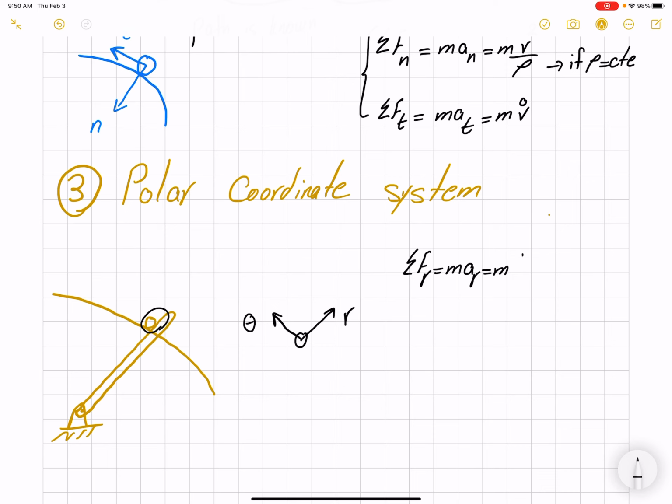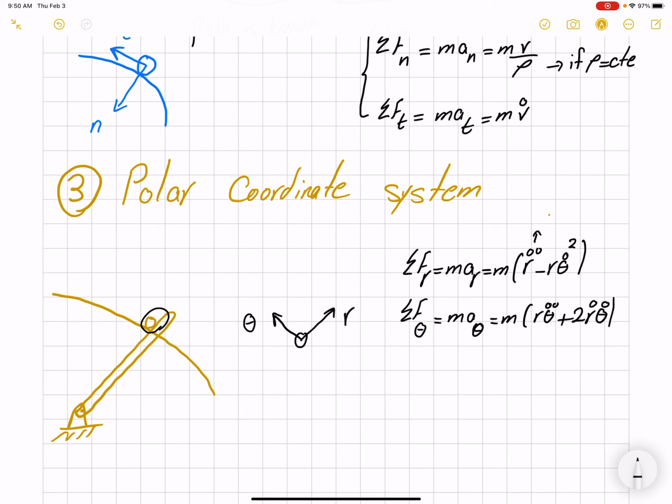And if you remember, the radial component of acceleration would be r double dot minus r theta dot squared. And summation of forces in theta is m a_theta, which would be r theta double dot plus 2 r dot theta dot.